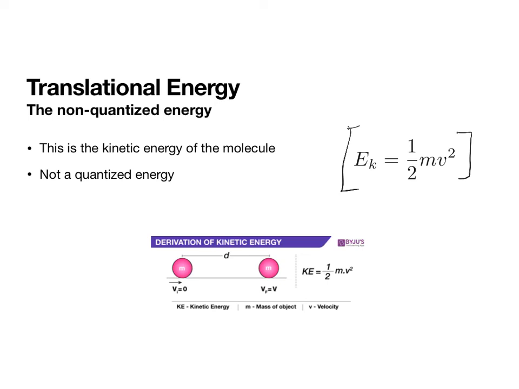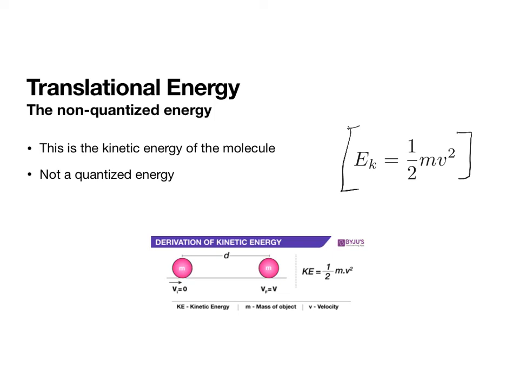And so just like your car can go any speed that it wants, well, sort of within limits, it's not like you have to jump from 10 miles an hour to 50 miles an hour. You can go 10, 11, 12, all the way up. Translational energy is the same way, that there's no set energies of kinetic energy that the molecules have to have.